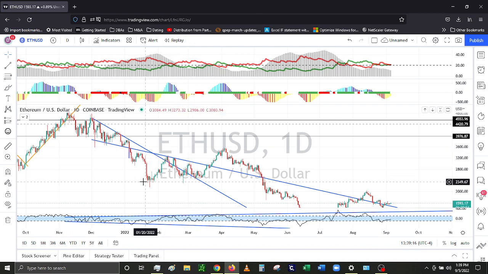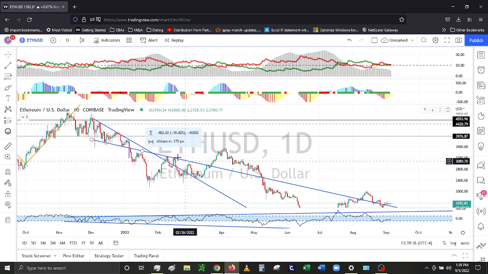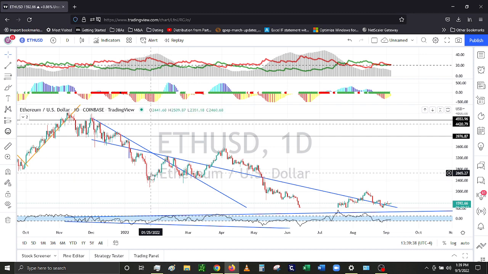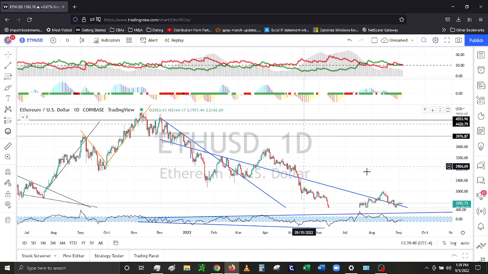This right here is another descending triangle. This is more of your standard because it's got a flat base, where this one is descending but more of a symmetrical triangle, which is more of a giveaway that it's going to break out downside. You get this descending triangle pattern here, and you're like, okay, is that bottoming?